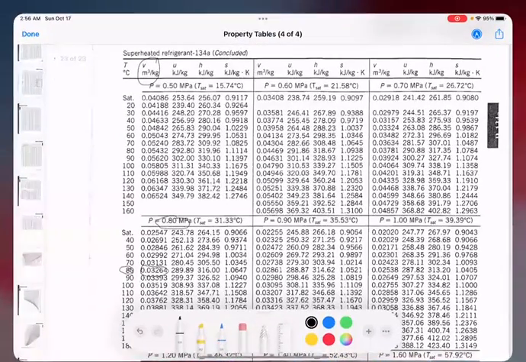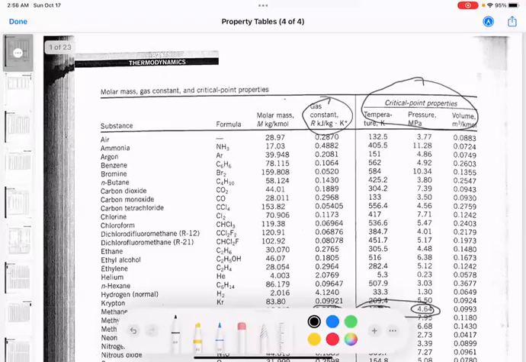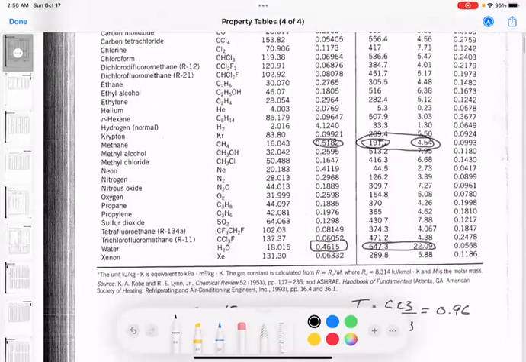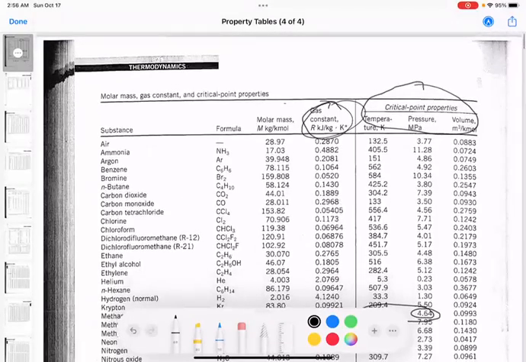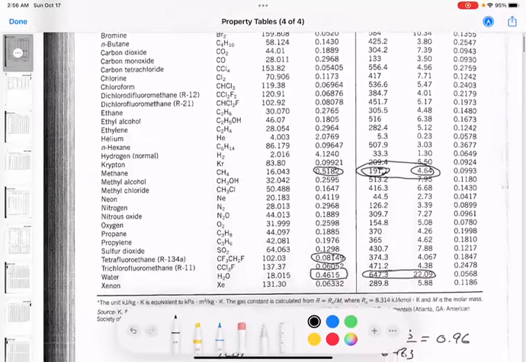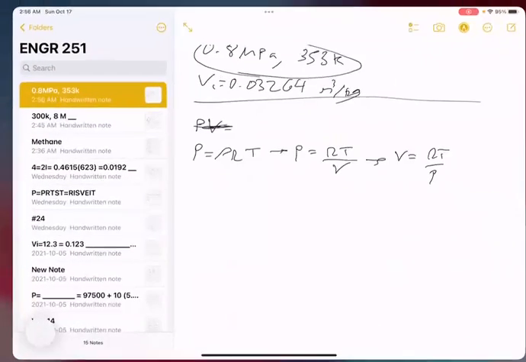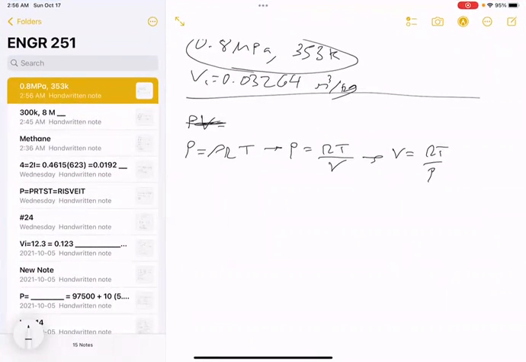So if we go all the way to the top, and we look in this column here for refrigerant 134A, we see that R is 0.08149 kilojoules per kilogram. I'm just going to keep that written down there. Okay, but of course, converting it into joules per kilogram, we're going to use that in this equation to keep the units consistent. So V equals R, which is 81.49 if you multiply by 1,000.